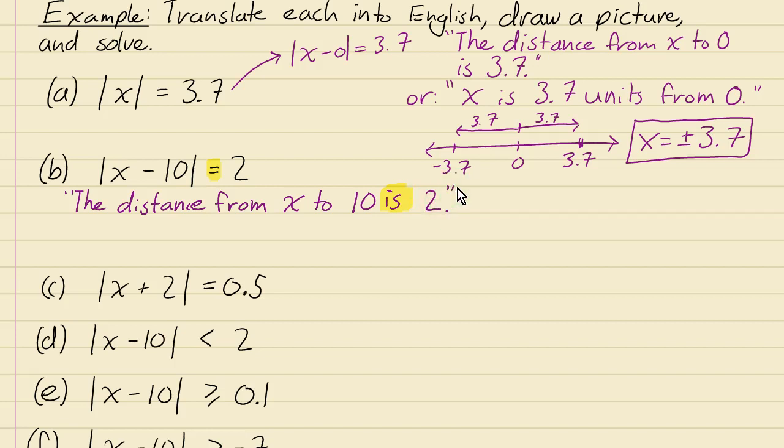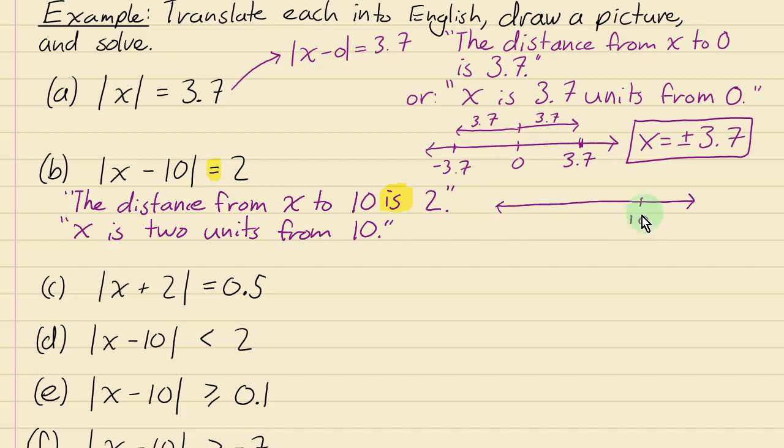You could also say it the other way without actually using the word distance. x is 2 units from 10. It means the same thing. So when we draw a picture of that, we're going to have 10 somewhere over here.